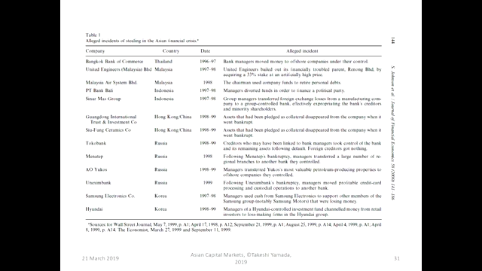And the next one is Menatep, this is Russia. Following Menatep's bankruptcy, managers transferred a large number of regional branches to another bank they controlled. There are two more examples.